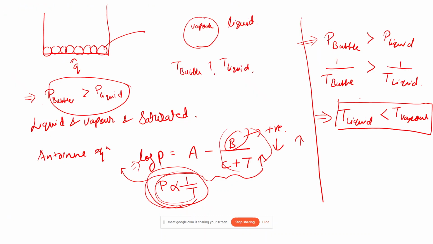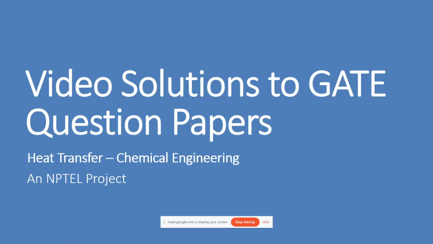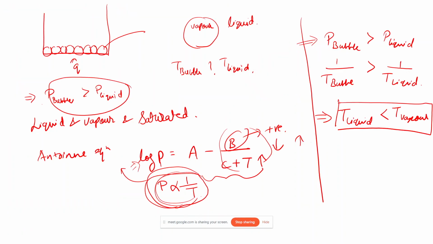So in this given question, the temperature of liquid will always be less than the temperature of vapor, which we obtained from over here.